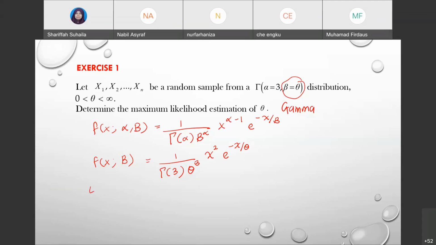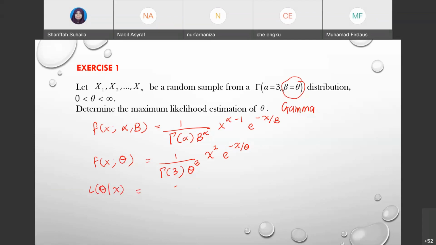Okay, so you have here is L. Sorry, ini pun atas tu pun you ganti balik eh. Okay, L theta x.